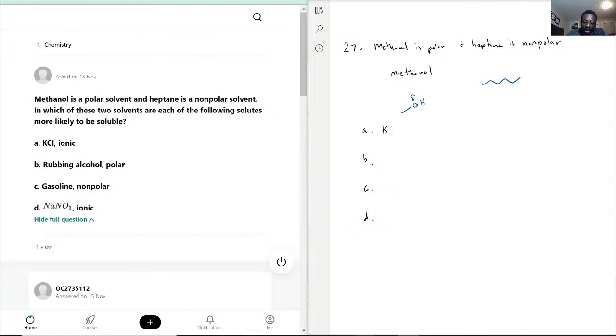KCl is ionic, rubbing alcohol is polar, gasoline is non-polar, and NaNO3 is ionic. So let's start with KCl, ionic.